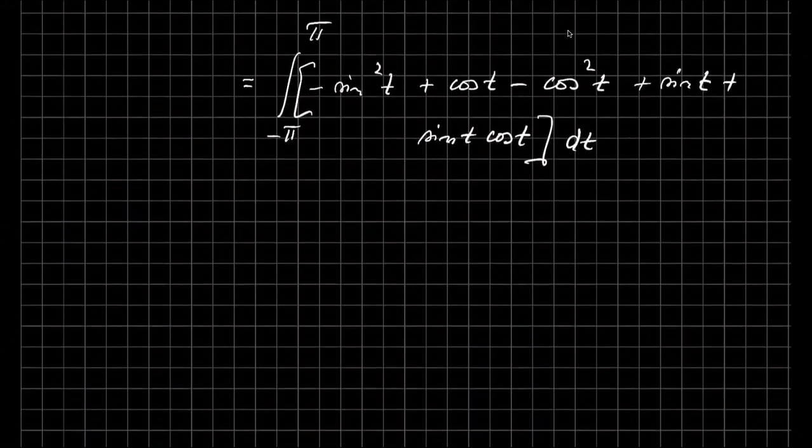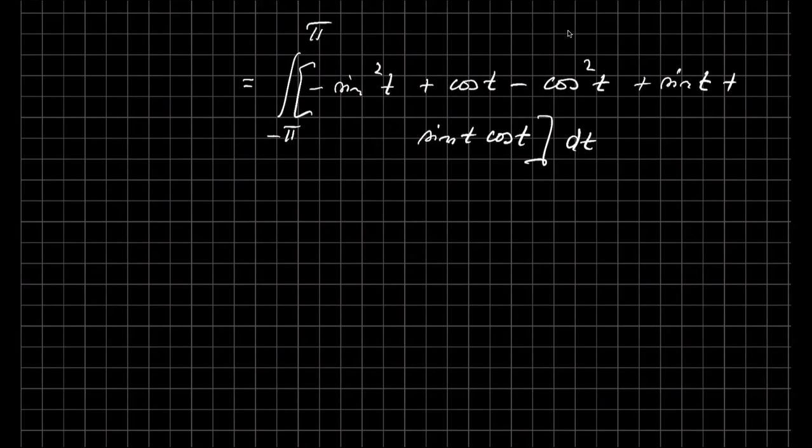Again, when you integrate cosine and sine over a period, the integral is 0. You can rewrite sine t cosine t in terms of the double argument, it's 1/2 sine of 2t, so this will also be integrated across the period.